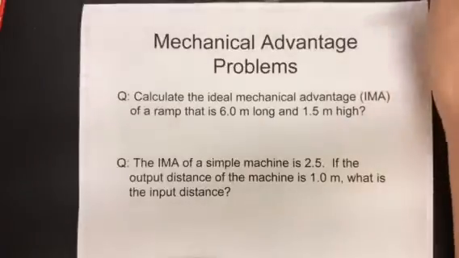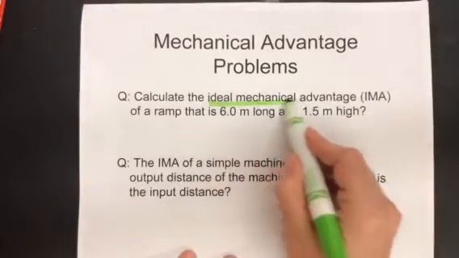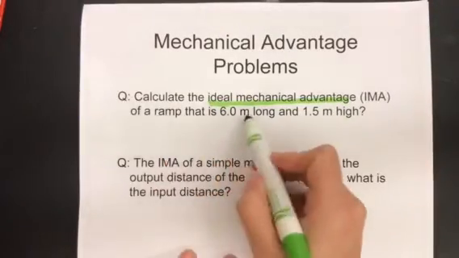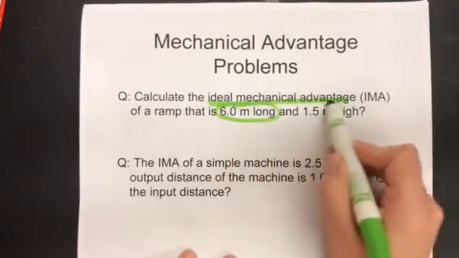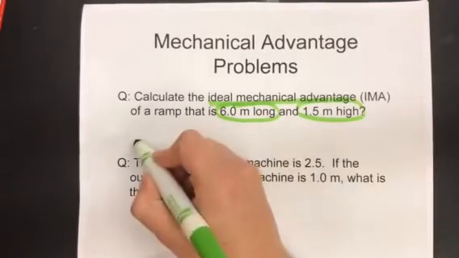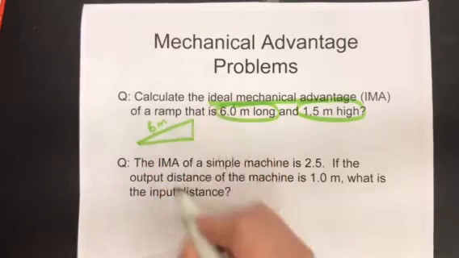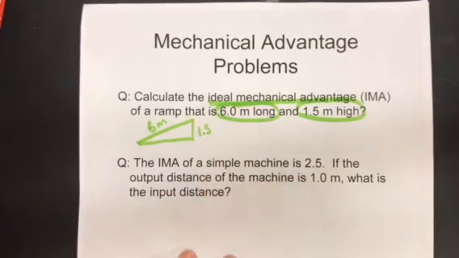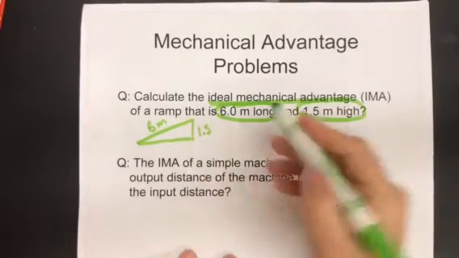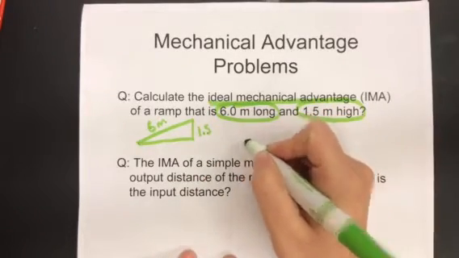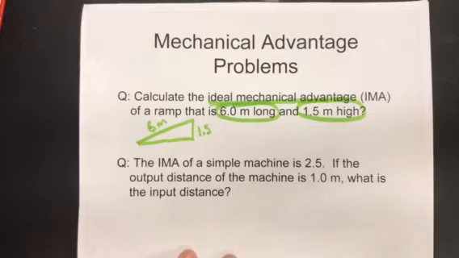So let's do a couple problems here. Calculate the ideal mechanical advantage of a ramp that is 6 meters long and 1.5 meters high. So if we were to draw this out, this would be 6 meters and this would be 1.5. So what is the person doing? Where are they walking? Are they going to walk straight up or are they going to walk along the inclined plane? They're going to walk along the inclined plane.